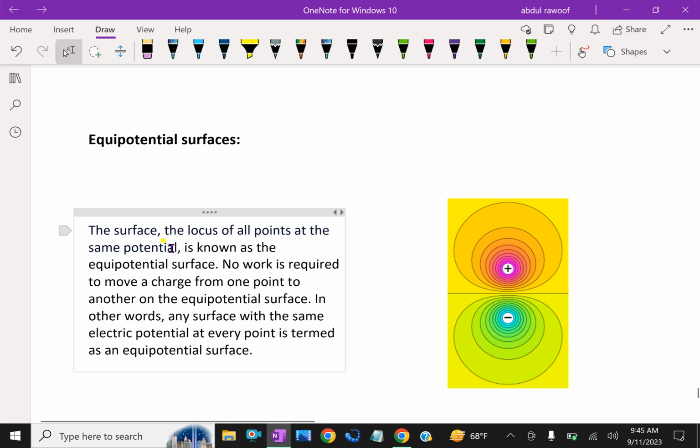That means everywhere on that surface, the potential is the same. No work is required to move a charge from one point to another on the equipotential surface. In other words, any surface with the same electric potential at every point is termed an equipotential surface.